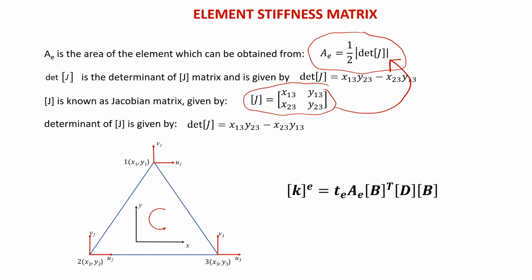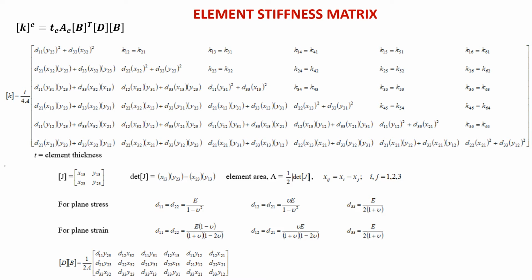Okay, so for one element, the K matrix is given by this equation, where when we expand this equation by including all those parameters, matrix B, matrix D, matrix B, and so on, we're going to have this general K matrix.